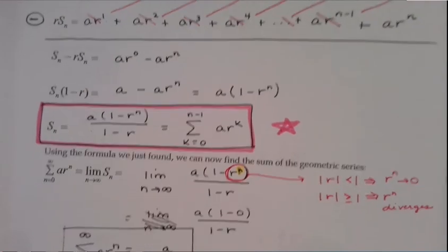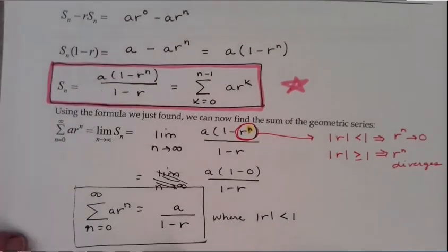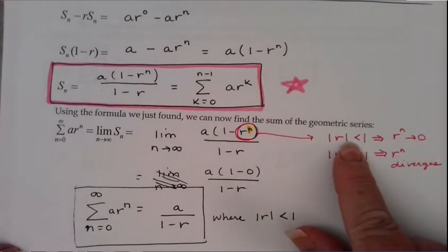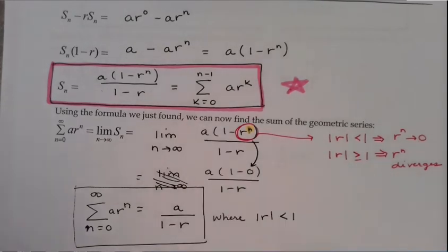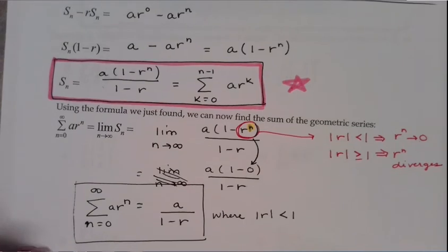So what we're going to say is, as long as the absolute value of r is less than 1, and this can be said to go to 0 in the limit, we end up with a times 1 minus 0, or just a on the top, over that 1 minus r. Again, that's only valid when the absolute value of r is less than 1.